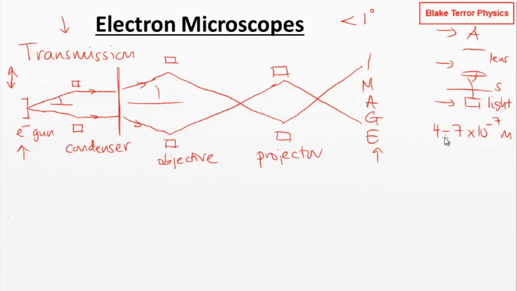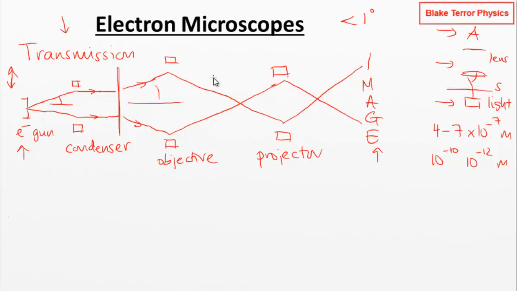Here for these electrons, we could be getting 10 to the minus 10, we could be getting 10 to the minus 12 meters. So we're getting much greater resolving power because we've got a much shorter wavelength. Now there are issues, just as in the optical microscope, the quality of our lenses is going to also determine the quality of our images.